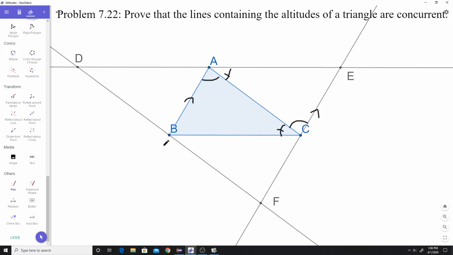So we have shown that the angle EAC is congruent to the angle ACB. And we have also shown that the angle ACE is congruent to the angle CAB.